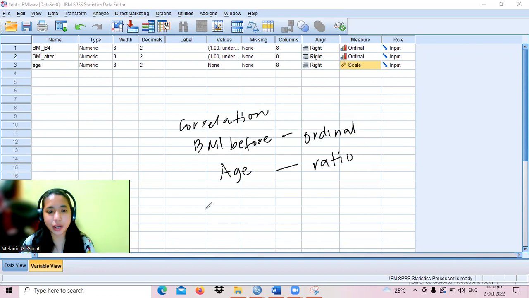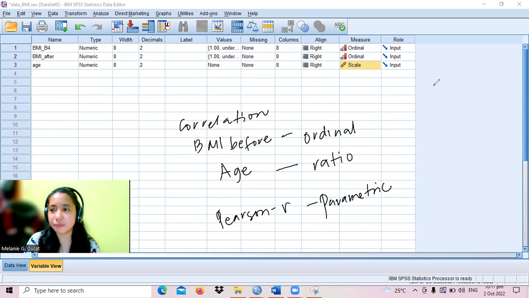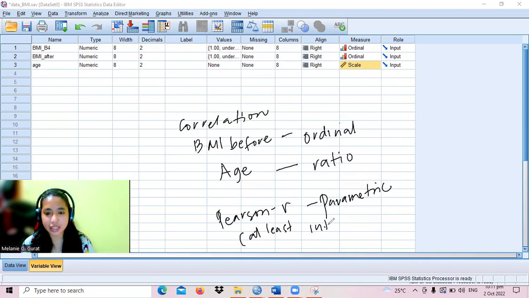The correlation test that we might think of to solve this problem is the Pearson R. But Pearson R is a parametric test, which means that we cannot use it when our data is not at least interval. So in this problem, Pearson R cannot be used because our BMI before, or the initial classification of BMI, is not at least interval.